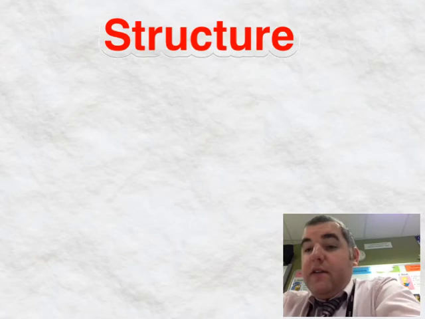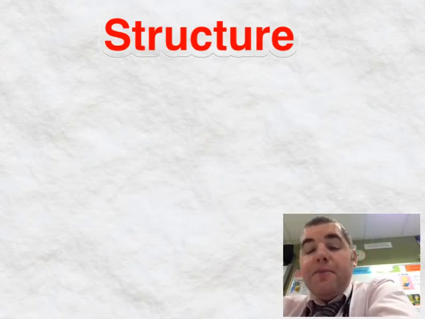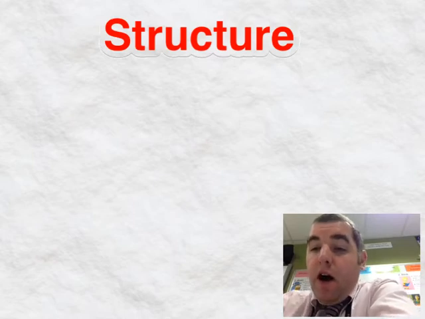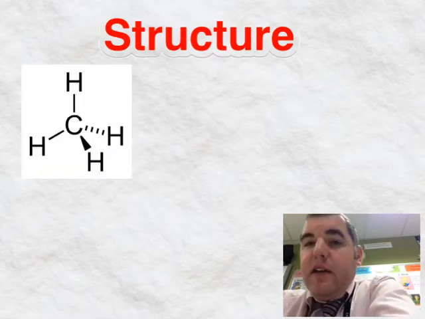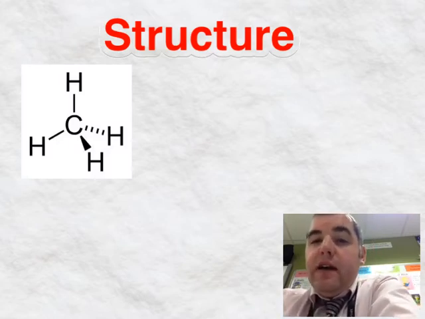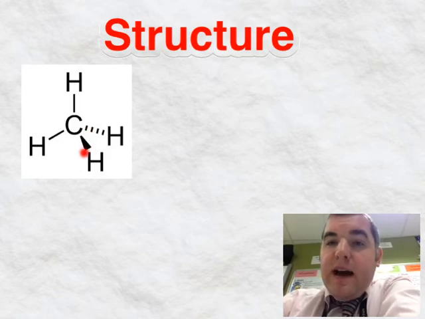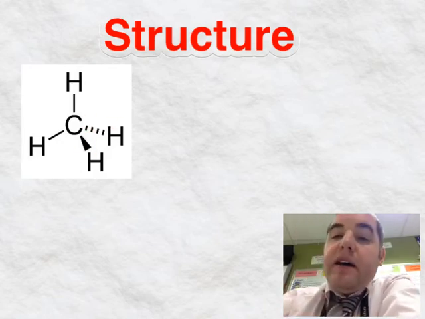Right, now the structure of alkanes is very, very simple. It follows that the carbon must have 4 bonds attached to it. So if we take our first example here, methane, this is a 3D drawing where this one is coming out of the page and that one is going into the page, or away from the page, and these two are on the page.